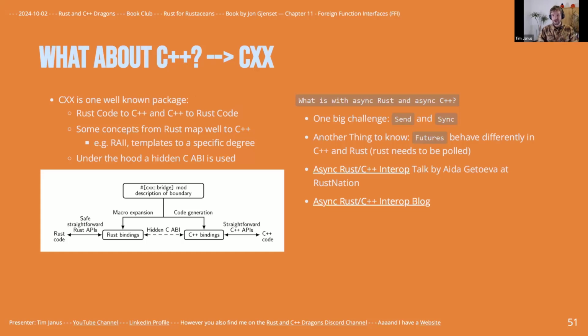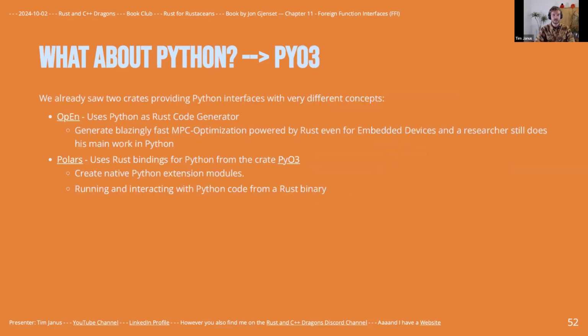First of all, Send and Sync is obviously a big challenge. Another thing to know is that the future type in C++ is different from the one in Rust. In Rust, you actually need to poll it, and in C++, it's not the case. It just starts, if I understand correctly. Ida Kitova did a talk about that, but there's also a blog post about this interop with async Rust and async C++.